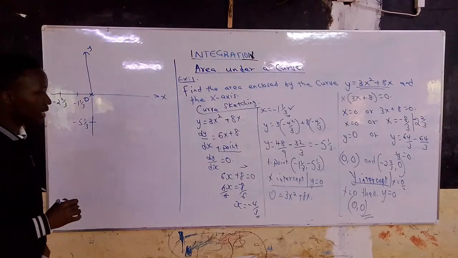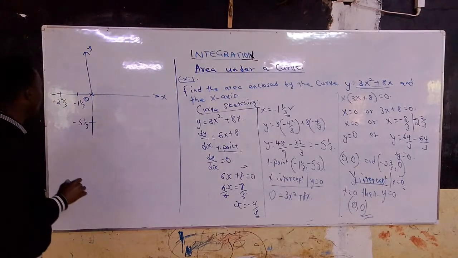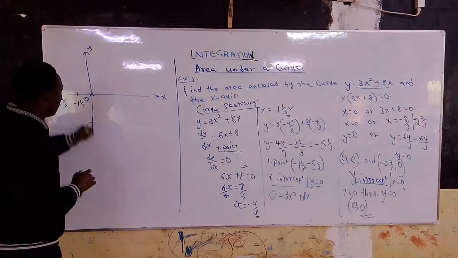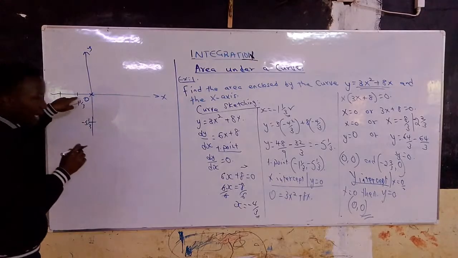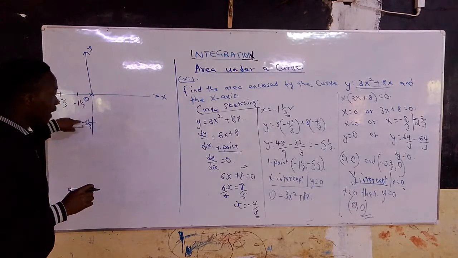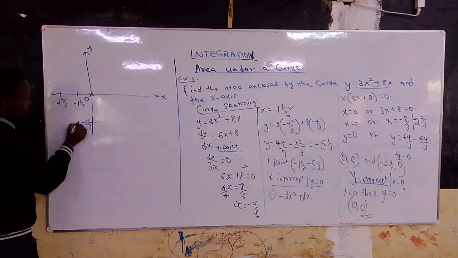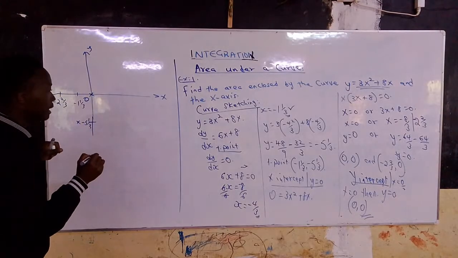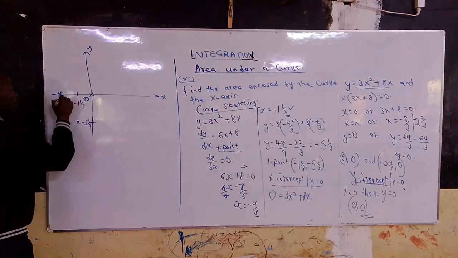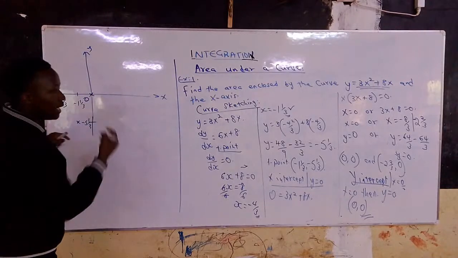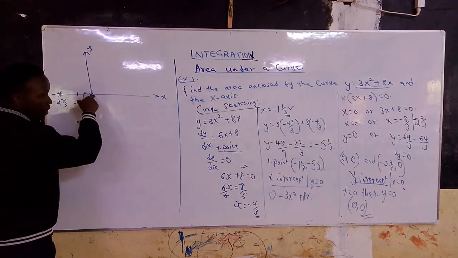So let's sketch our curve. We will start with our turning point, negative 1 and a third, negative 5 and a third. So our turning point will be around that area. Our x-intercept will be negative 2 and 2/3, 0, and the other x-intercept is 0, 0.